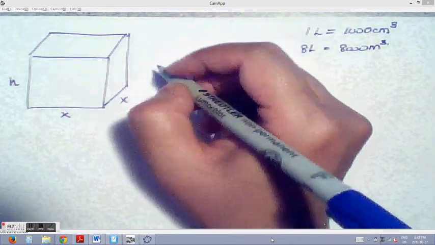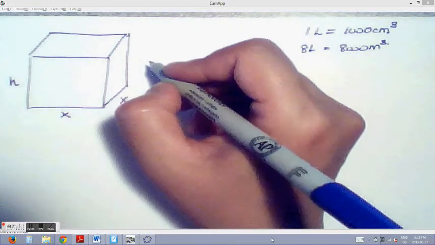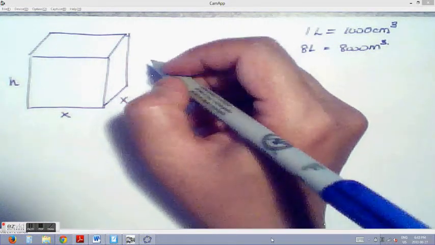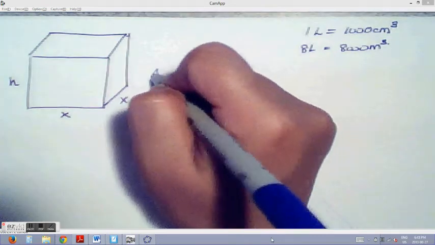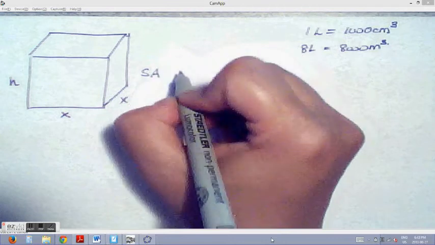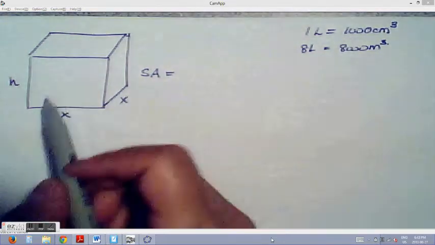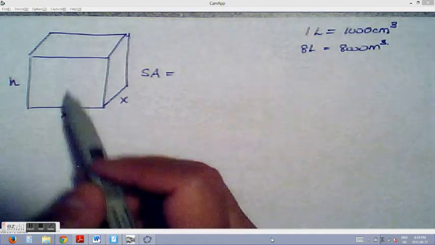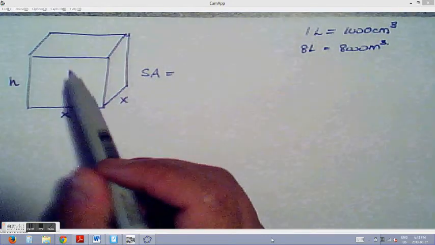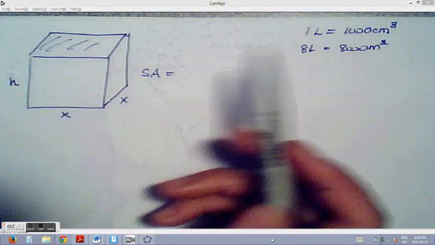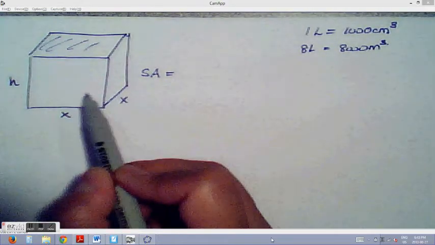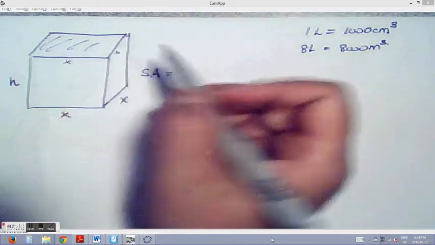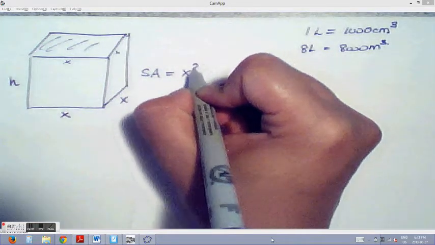Okay, so in the first case here, what I would do is the surface area is equal to, okay, so we know that the bottom, the 2 on either end, so here, then the bottom piece is going to be the same. So the area for the bottom piece, so this and this, would be x squared. So we're going to have 2 of them.